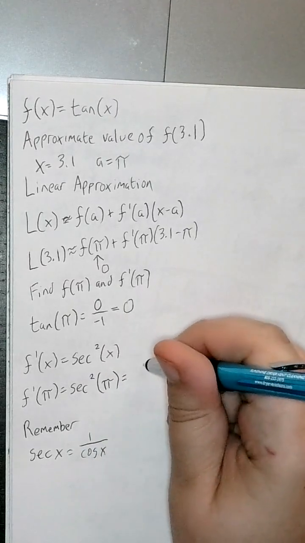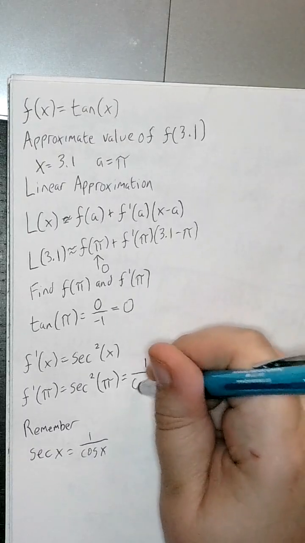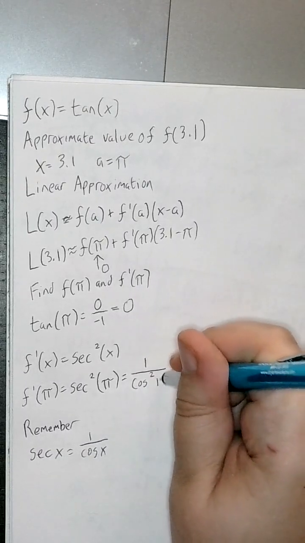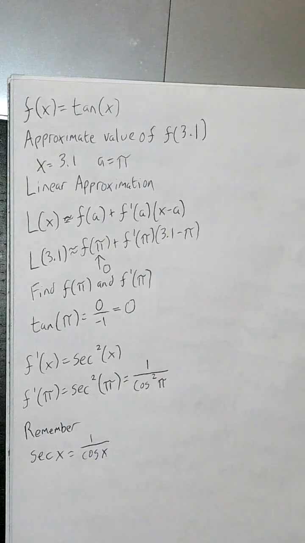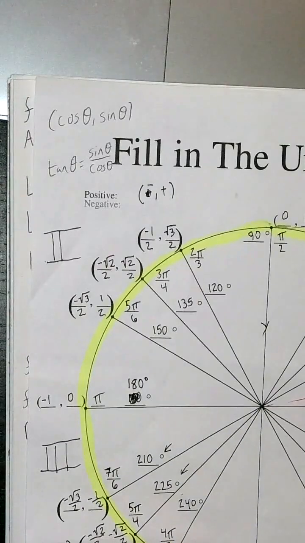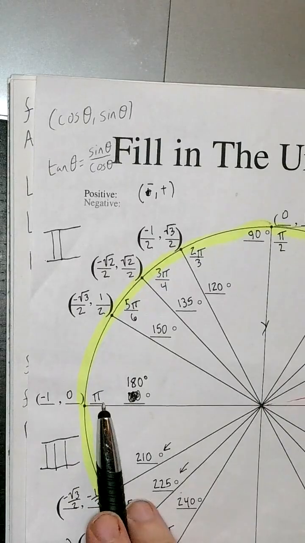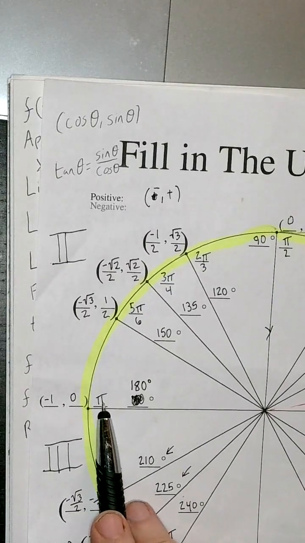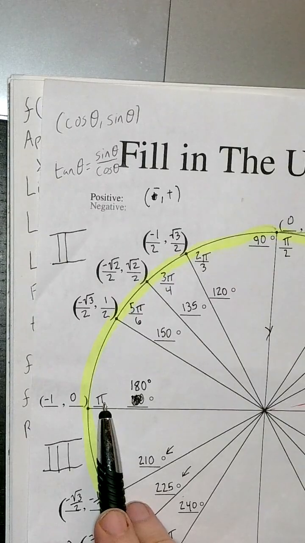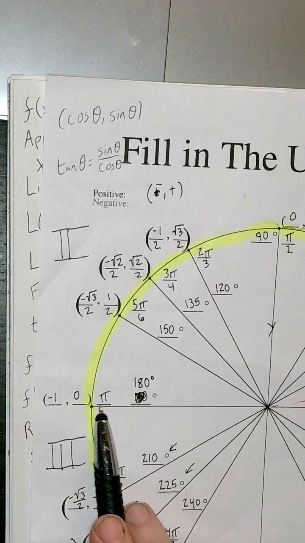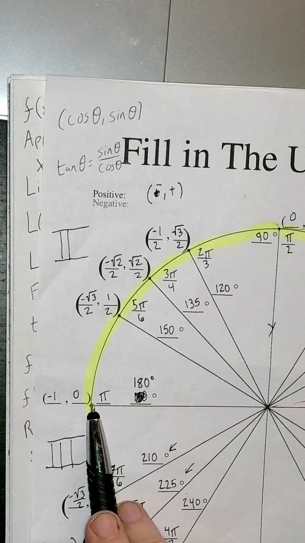So this is going to be 1 over cosine squared of pi. Now, what did we say cosine of pi was again? Here's pi, and remember that cosine is the x value. So what's the x value of this point right here?